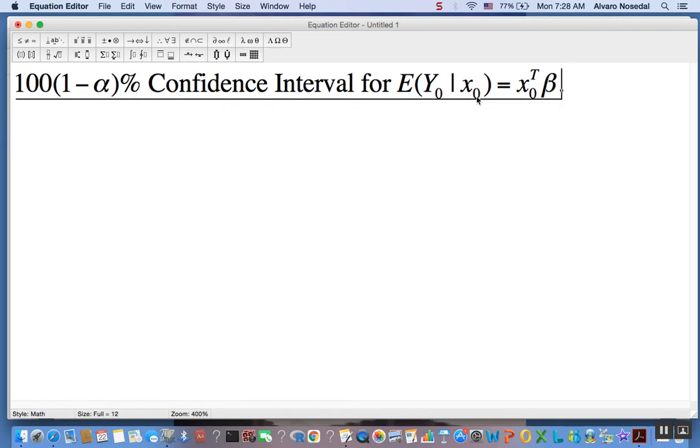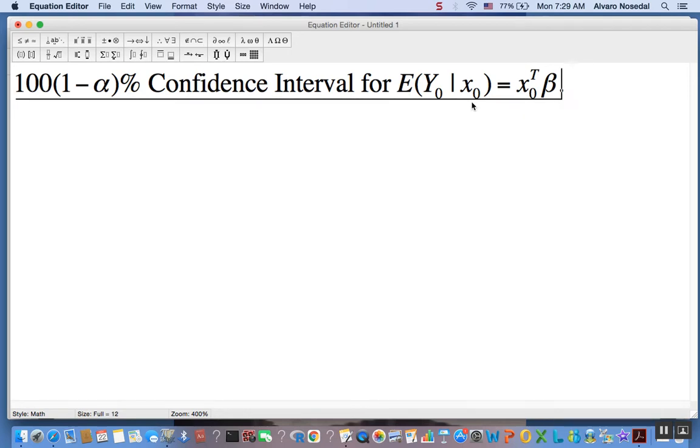Bear in mind that now we're talking about multiple linear regression, so we have more than one predictor, so x0 represents a vector of particular values for each of those predictors. And we want to provide an estimate of that expected value of the response at that particular combination of the values of the predictor variables.